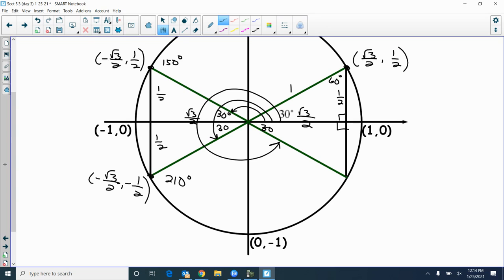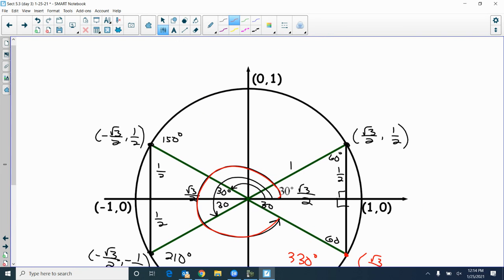No, the angle. That would be 60 degrees. Starting here, going all the way around, it's 330. Yes, thank you. So this point here is going to be square root of 3 over 2, comma, negative 1/2.